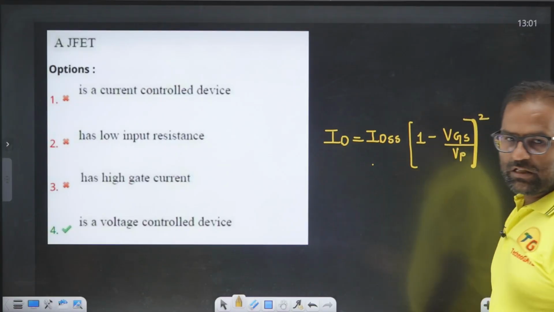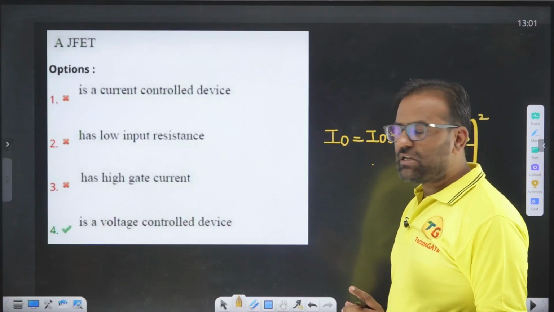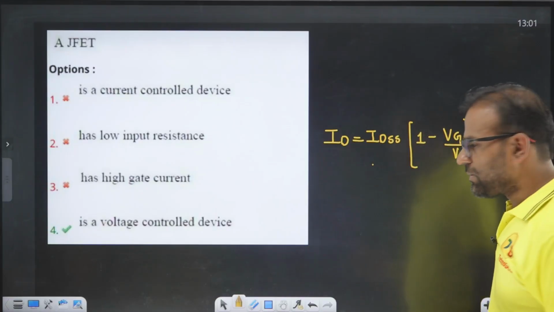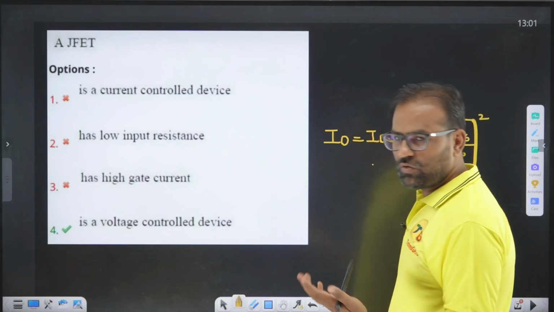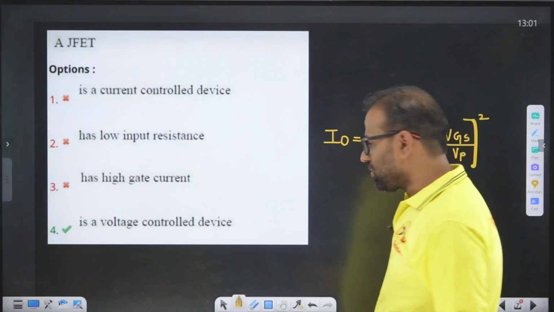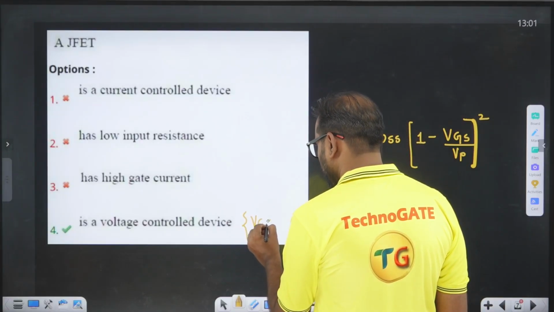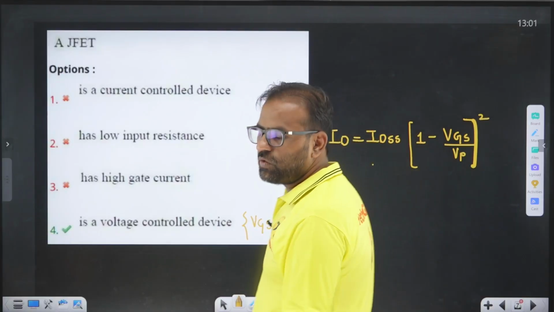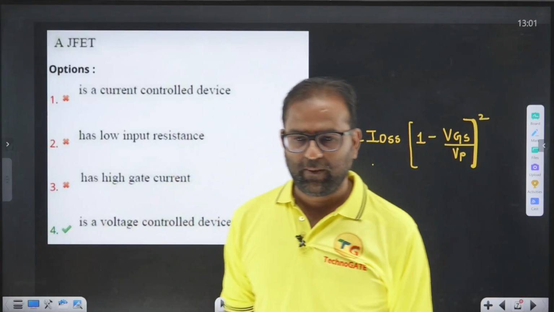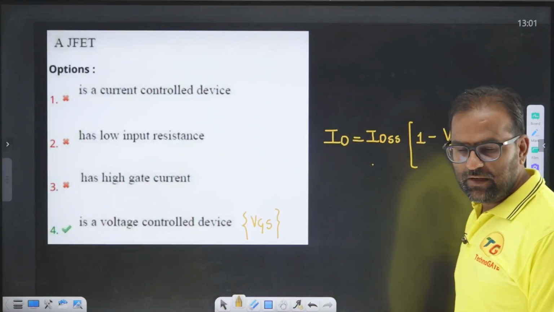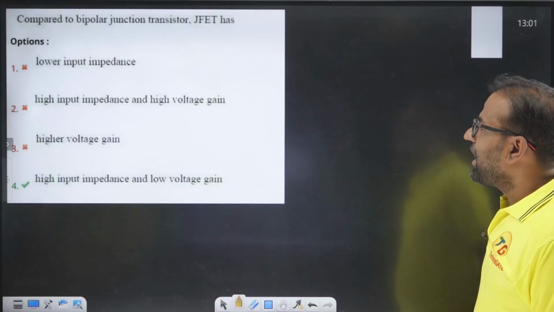When I write this expression, you can say this is a current source which is dependent on the VGS voltage. So it is a voltage controlled source. Which voltage will control it? VGS voltage will control this JFET, junction field effect transistor.